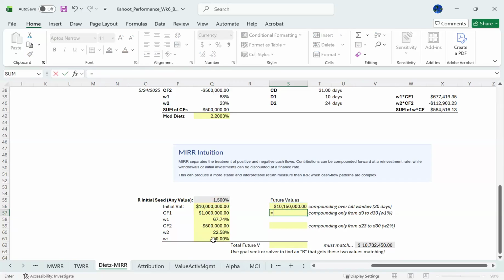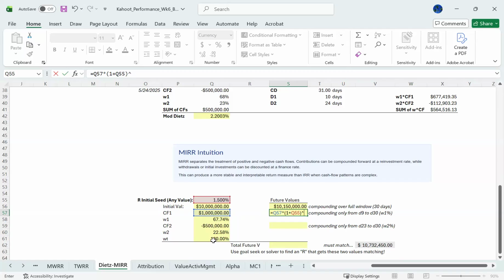Okay, now what about cash flow 1? Cash flow 1 was deposited in the fund, but I only had 67.74% left of the horizon. So I'm going to compound it based on this rate of return, which is hypothetical, but I'm going to raise it to the power of t, but t is no longer 1.